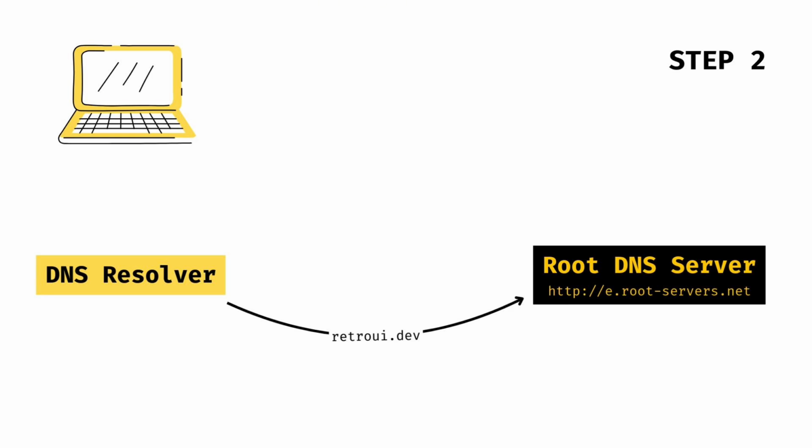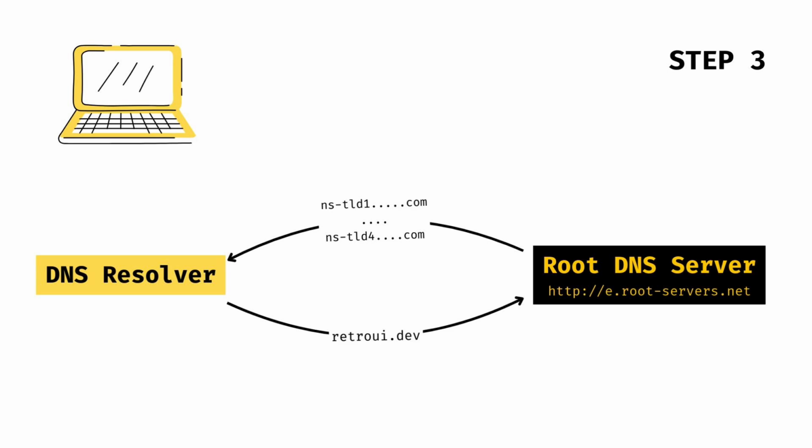The root DNS server doesn't know the exact IP of retroui.dev, but it knows which top level domain or TLD server is responsible for .dev domains. Since .dev is managed by Google's TLD servers, the root DNS server returns a list of those TLD servers to the DNS resolver.